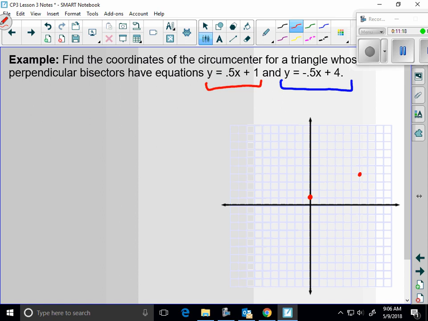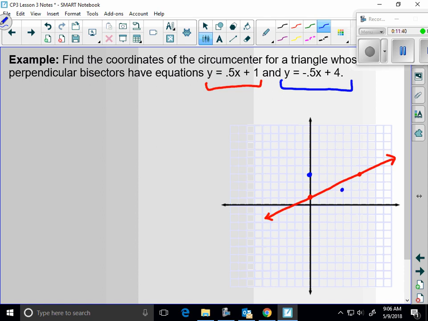So that would be our graph of the red perpendicular bisector. And the graph of the blue one has a slope of -1/2, with a y-intercept of 4. And let's go down 1 over 2, down 2 over 4.